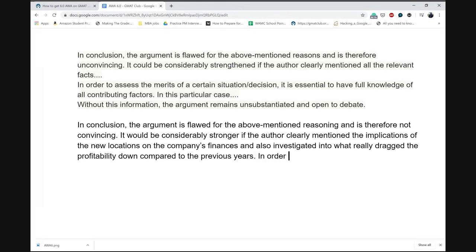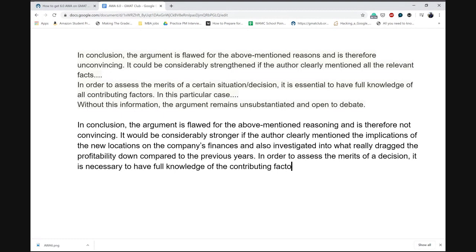So, in order to assess the merits of a decision, it is necessary to have full knowledge of the contributing factors.